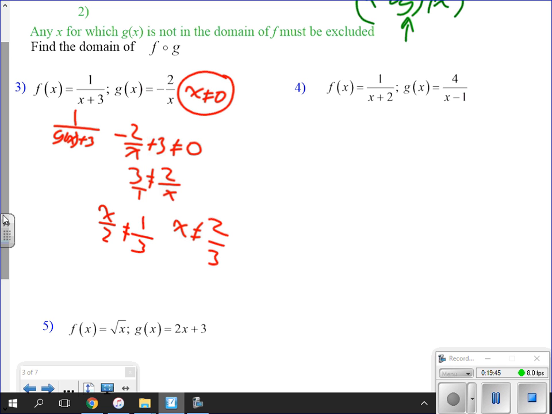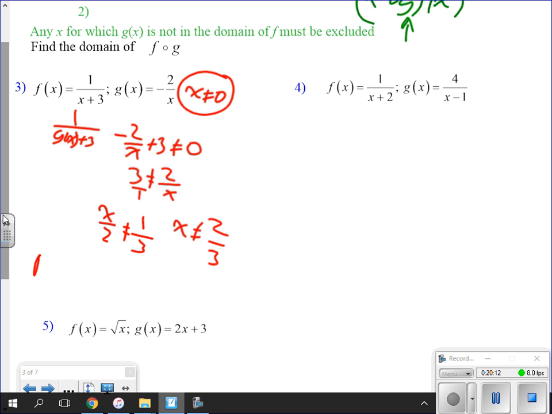Yeah, you can do that. No matter how you solve it, you're going to get the same thing. I'm just trying to show you a trick. And if you have something more complicated, sometimes doing the flipping is the best first step you can do. If you have like 1 over the square root of x plus 3 squared in your denominator, you have some big nasty square root, 1 over that, just flip it over and flip over the other side. It makes it much easier to solve. Okay, often it will do that.